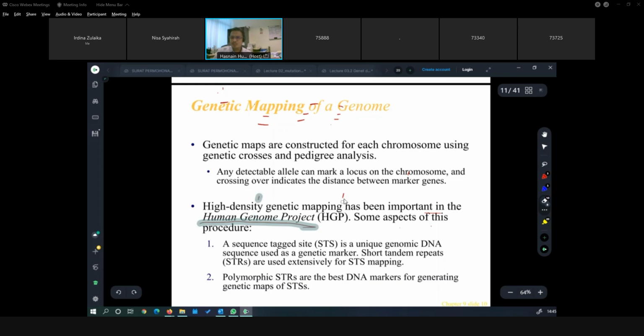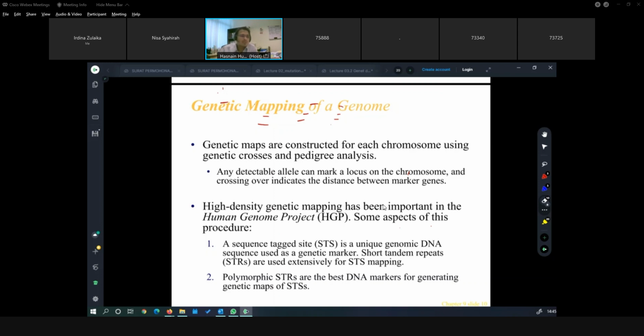before the Human Genome Project started around 1995, 1996, what happened before that? You have to recall chronologically. In the 80s and 90s, people were already studying what gene is related to what disease.